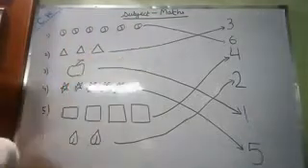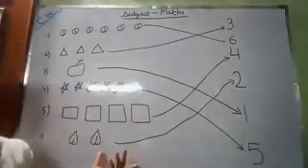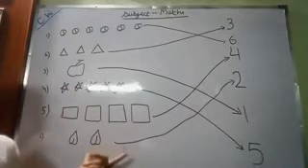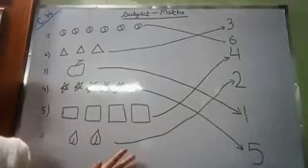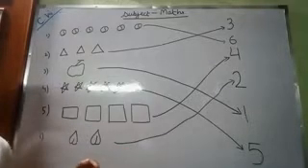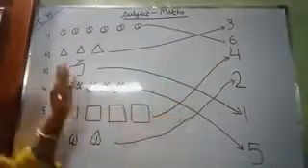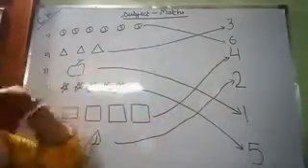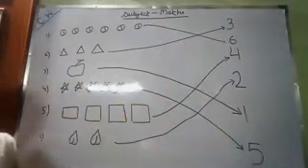Do it. This is called match the pictures with the number. That's why every day I am telling, I will show you objects and count the objects. See again. Count the pictures and with the pictures you have to match the numbers.